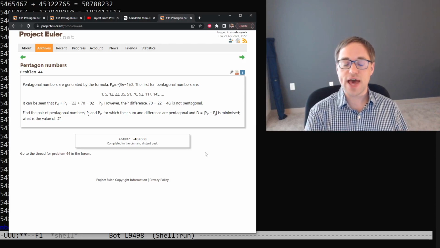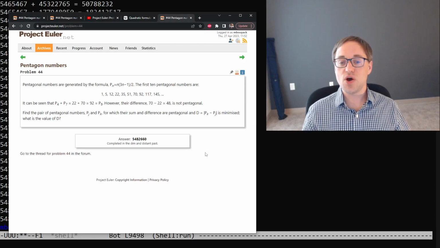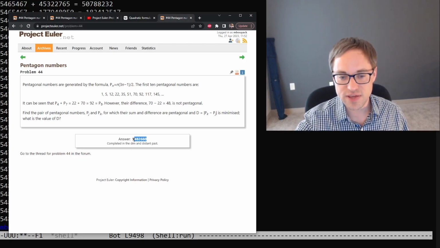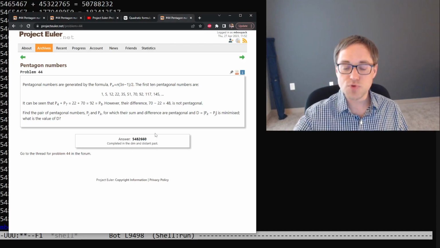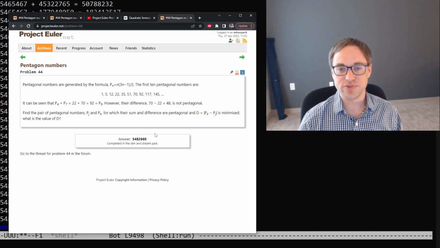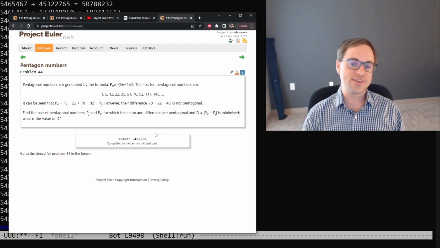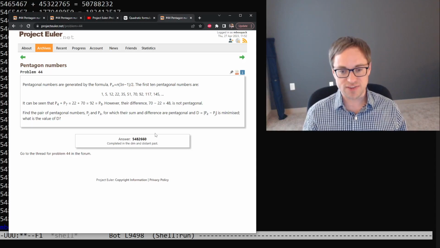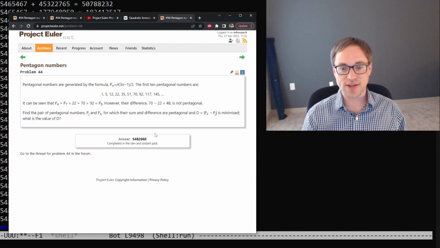Maybe you try 100,000, you get no answer. You try 1 million, you get no answer. You try 10 million, you get this answer here. And when you put that number into Project Euler, it confirms that yes, that is the answer. Even though at that point you have no reason for confidence that that is actually the correct answer.